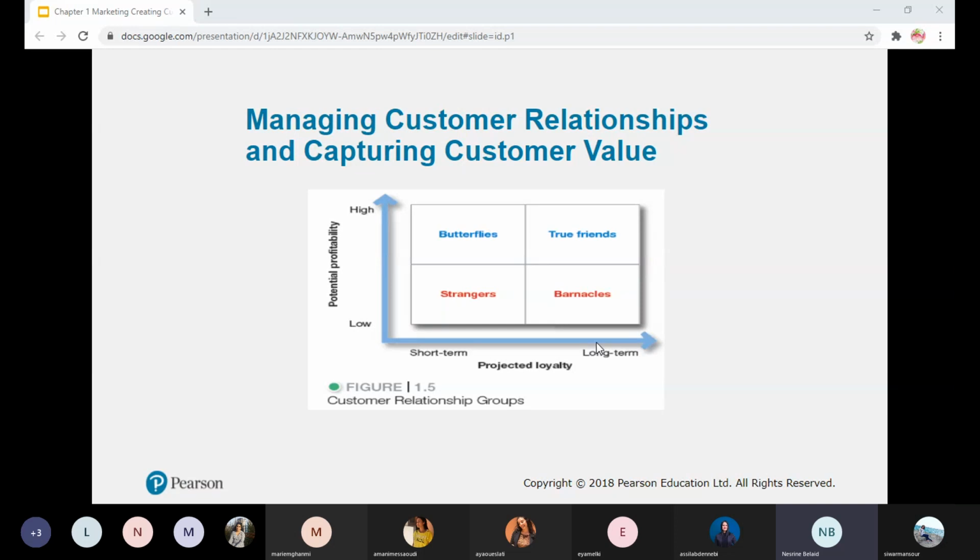So what you need to understand is that you have to think about all the categories of customers. You don't have to develop only one strategy for all the customers. If you are interested, for example, in the butterflies, they are potentially profitable but not loyal. You will think about why they are not loyal.